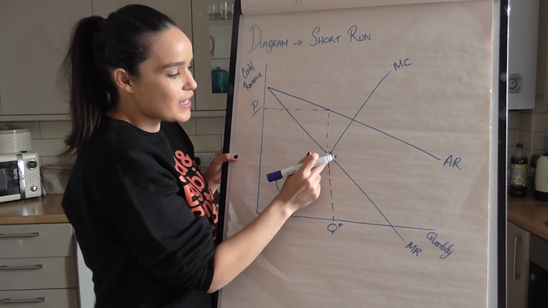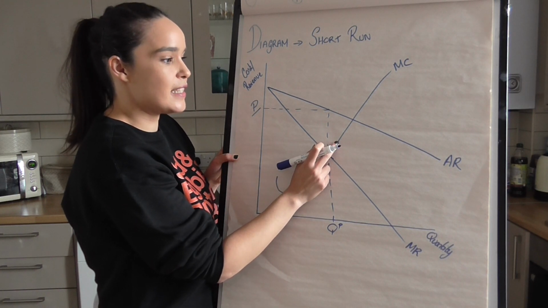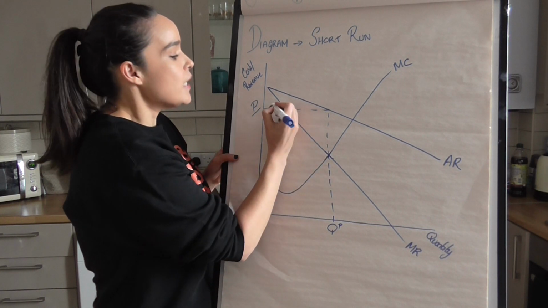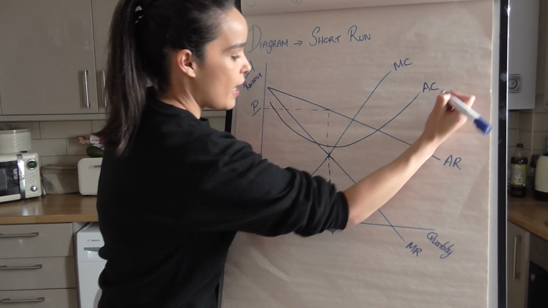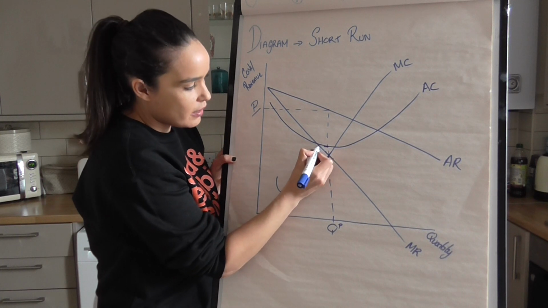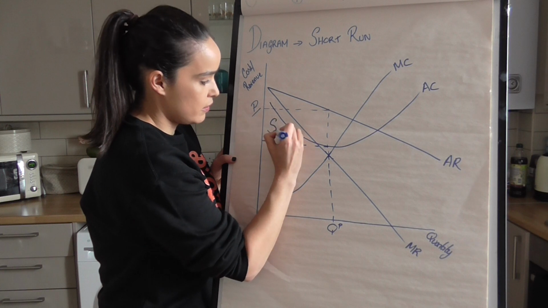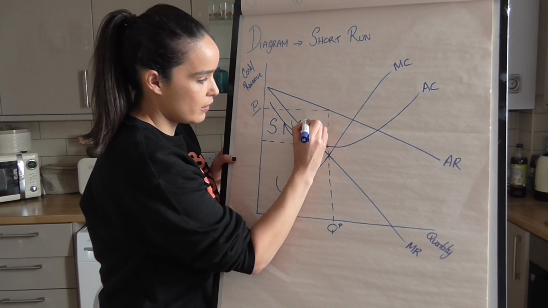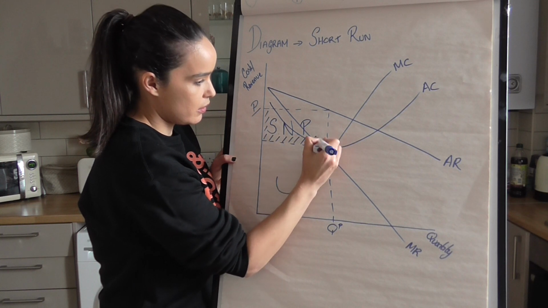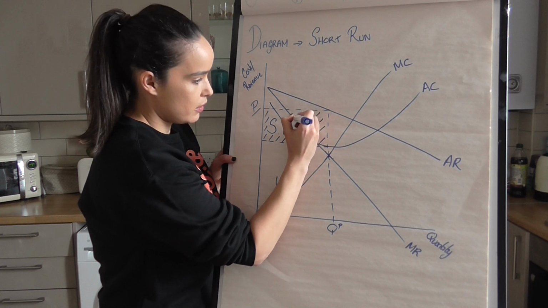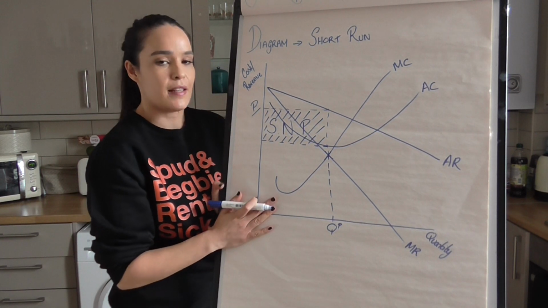Obviously we're going to aim for the lowest point to be cutting the AC, not the AR, like that. And then simply here I can show that this is supernormal profit, right there. And here's our supernormal profit being made in the short run.